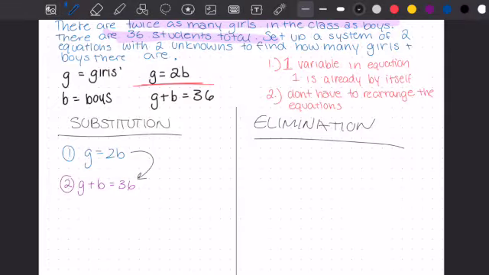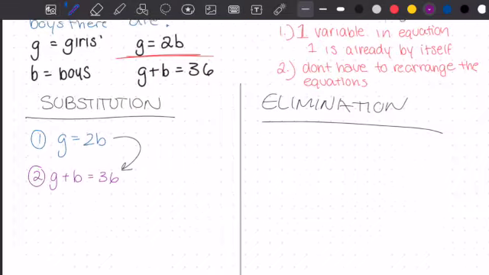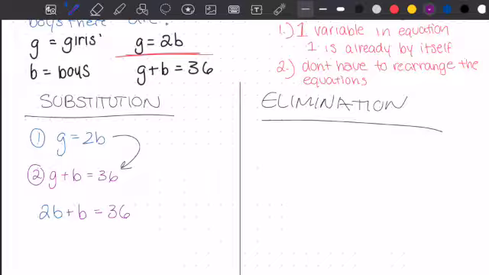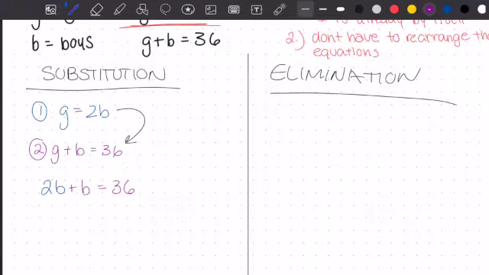So I'm going to put 2B in for the G in G plus B equals 36. So then I'm left with 3B equals 36.